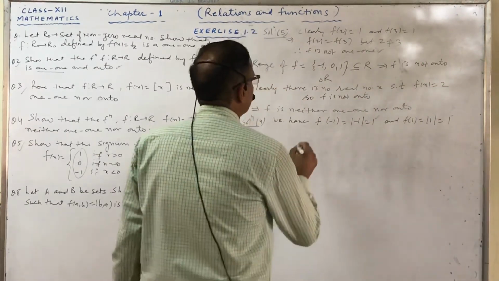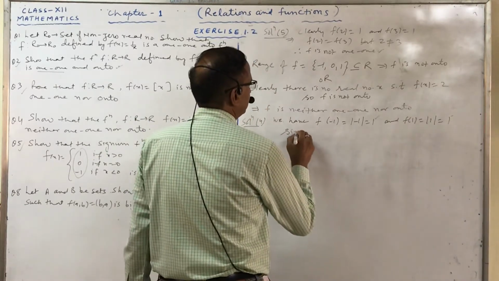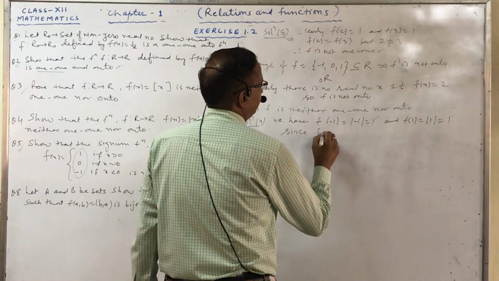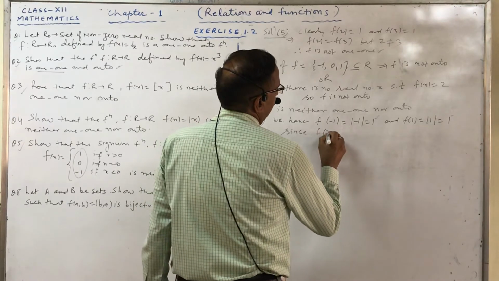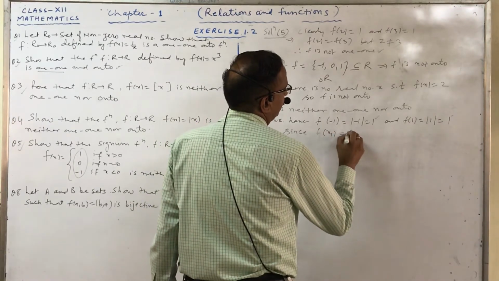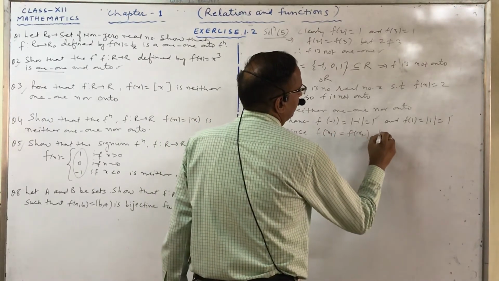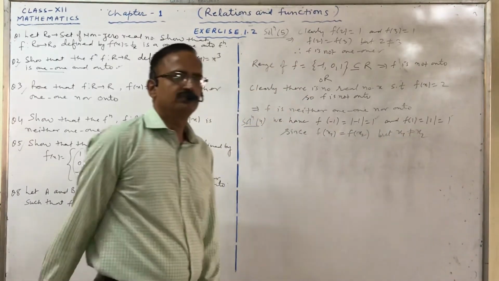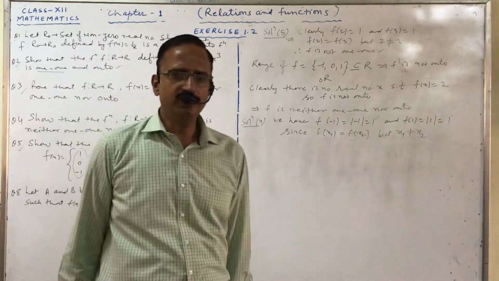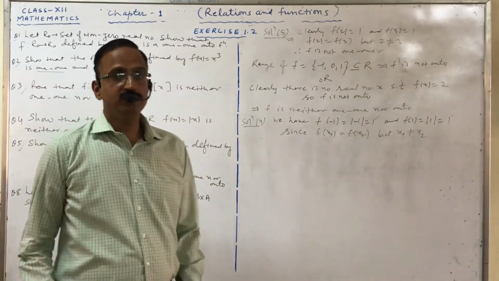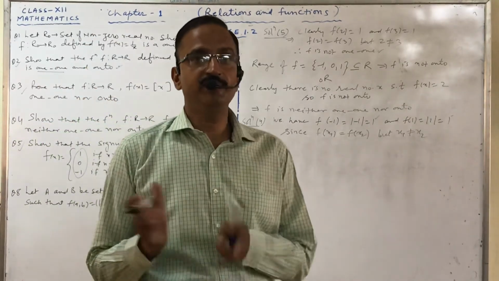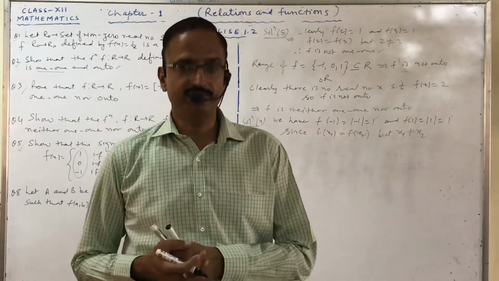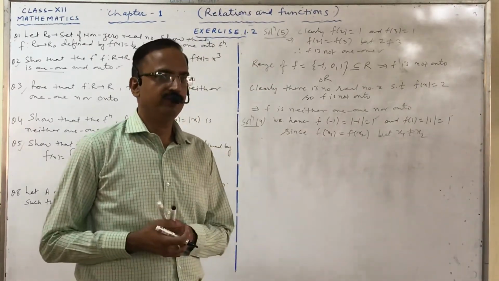So we can write since f(x1) is equal to f(x2), but x1 is not equal to x2. Images are same, but the elements are not same. It means two different elements have the same image. So it is many-one function. It is not one-one.